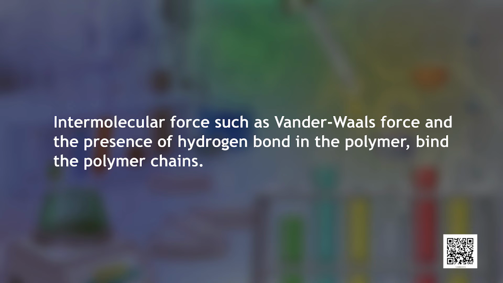And these properties are governed by intermolecular forces such as van der Waals forces and hydrogen bonds present in the polymer. These forces also bind the polymer chains. Based on the magnitude of these forces, polymers can be classified into 4 subgroups as elastomers, fibers, thermoplastic and thermosetting polymers.